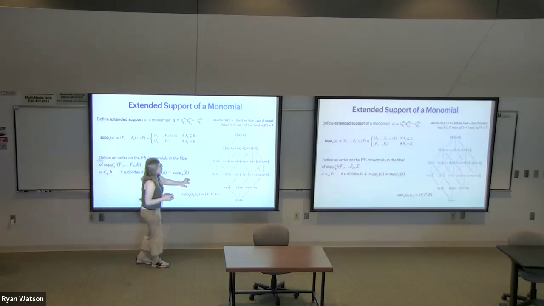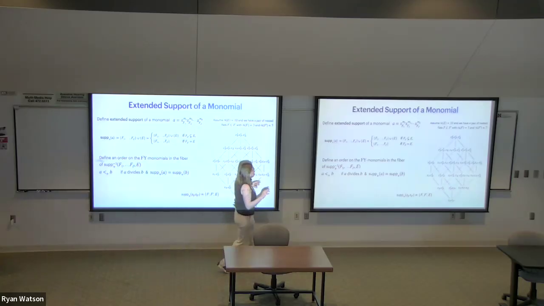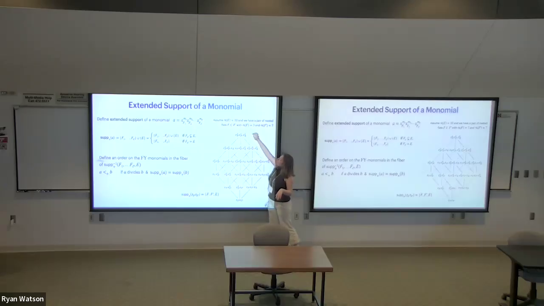So in this example, we have some random matroid. I need a kind of big example for this to be nice. So let's say I've got a rank 10 matroid, and I have a pair of nested flats where F is of rank 3 and F prime is of rank 7.